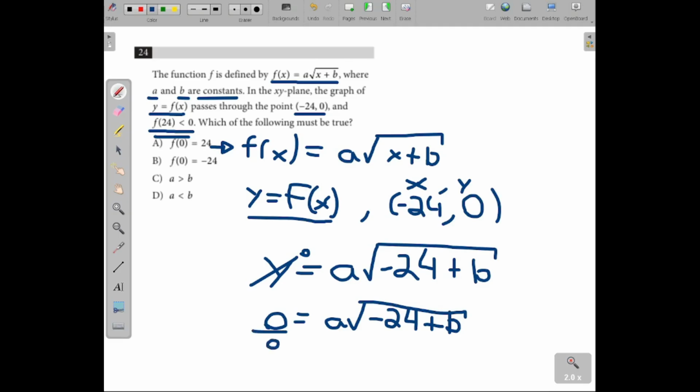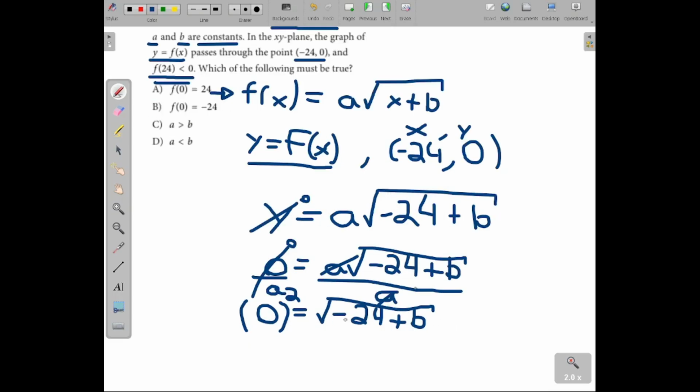Here we can divide the equation by a. Here we'll get 0, because 0 divided by any number will be 0. And a divided by a is 1, so we'll get the square root of negative 24 plus b.